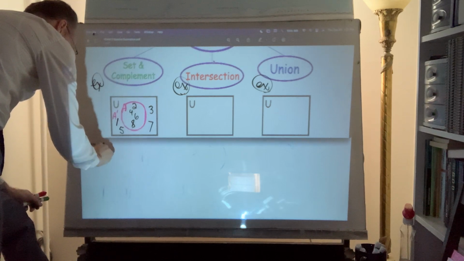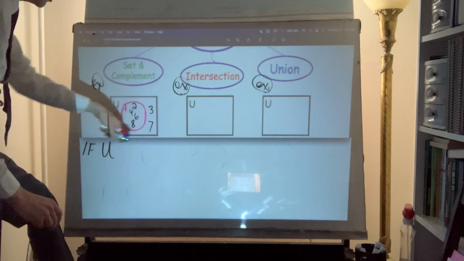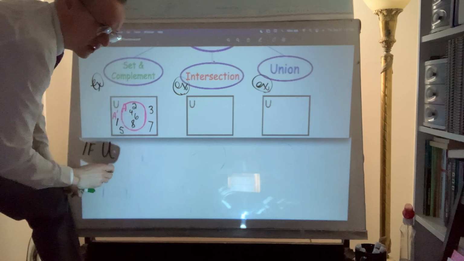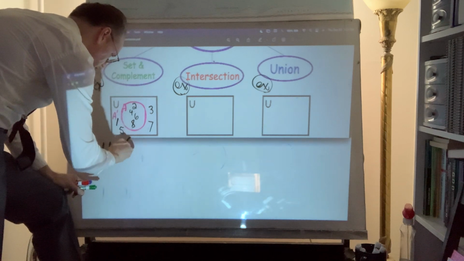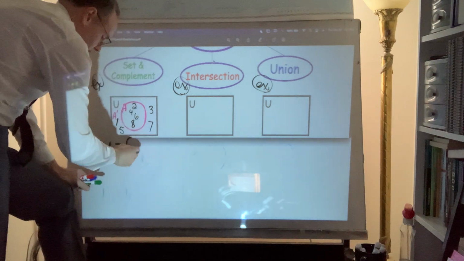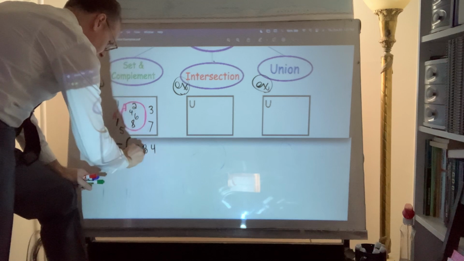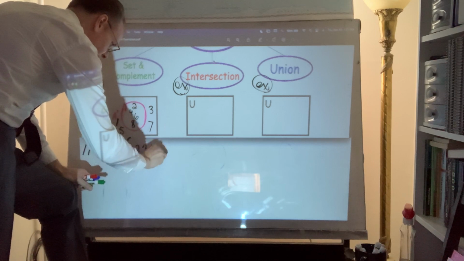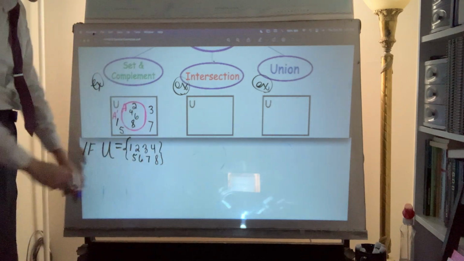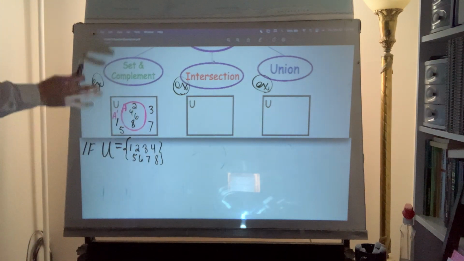If U, which refers to the universal set, the whole box of parts, equals everything that is confined by U, which I'll put in order, it doesn't have to be, but 1, 2, 3, 4, 5, 6, 7, 8, and I really should use commas, but I'm not going to because I think it'll be harder to read from far away.